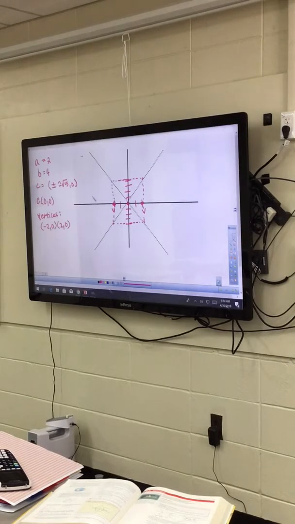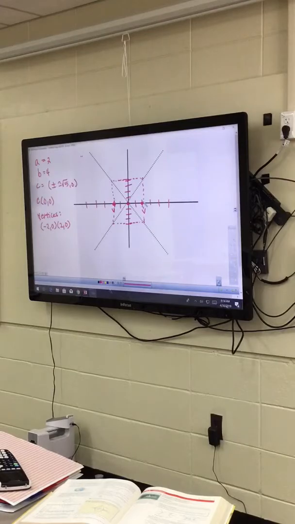The only thing that I haven't placed on my graph is my foci. The foci were 2 root 5 both ways on the x-axis. So what is 2 root 5 in decimal approximation? 4.47.